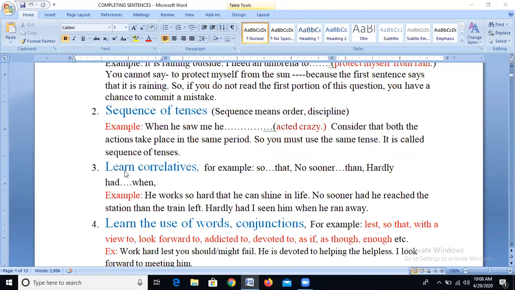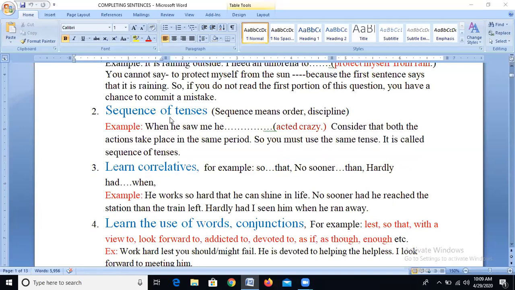Now come to the next point. We have to know the use of some correlatives. Correlatives are conjunctions.